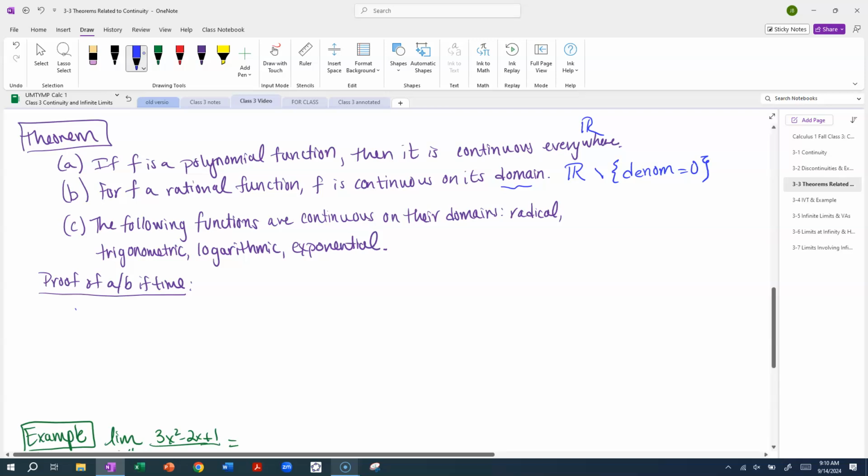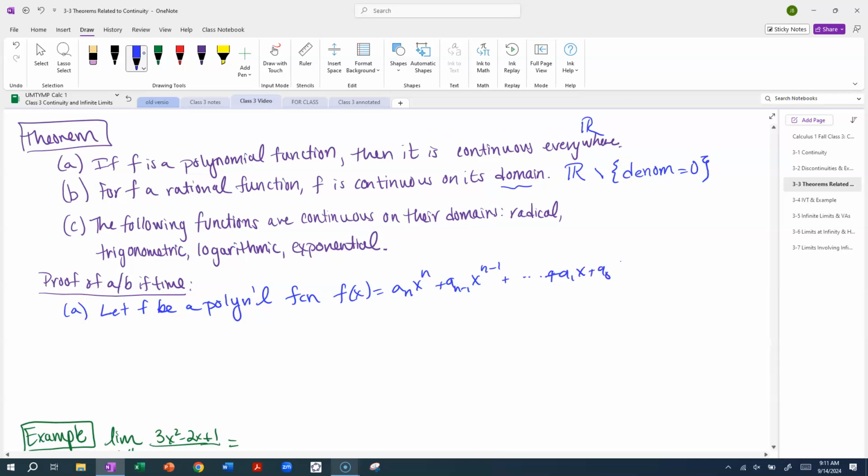So, for example, if we wanted to prove A, I would just say let f be a polynomial. And I'm going to abbreviate polynomial function as fcn. So what f would look like would be something like a_n x^n + a_(n-1) x^(n-1), that should be minus 1, plus dot dot dot plus a_1 x plus a_0.